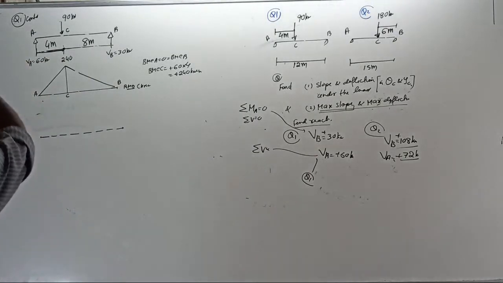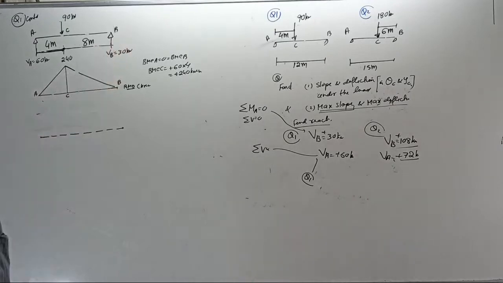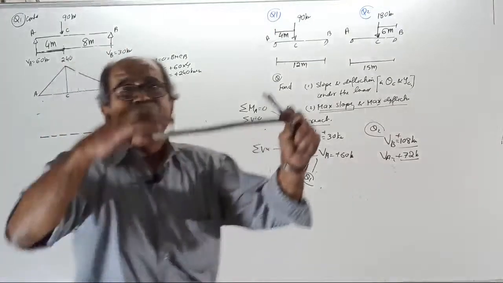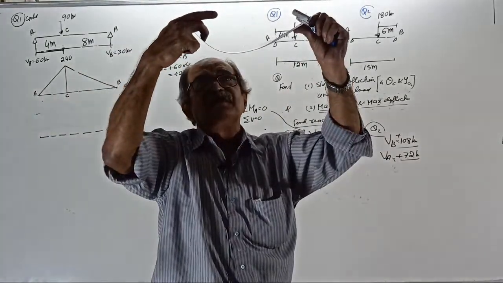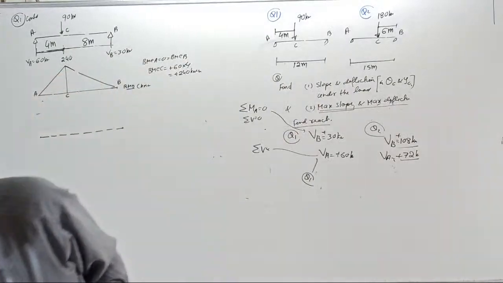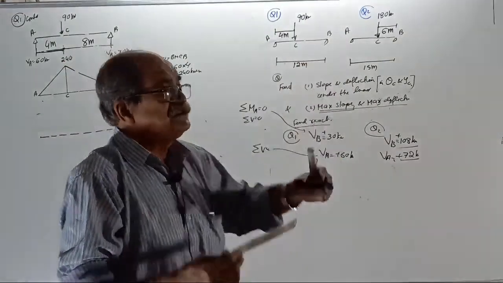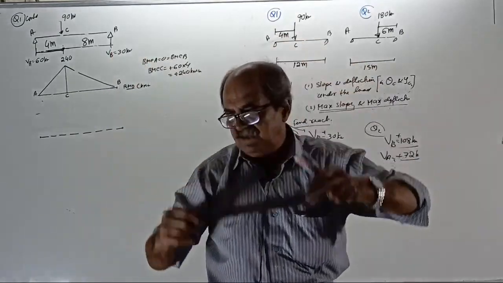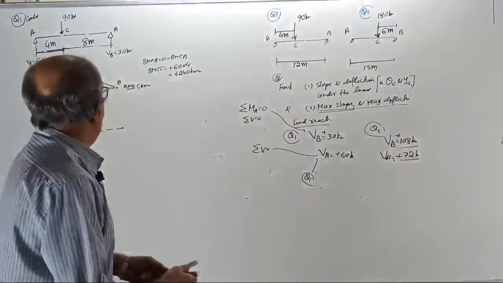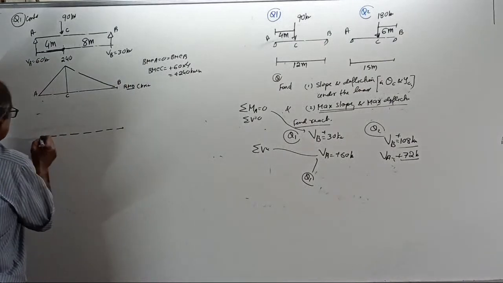See, the beam will bend smoothly like this. Wherever you apply the load, the bending will be like this, more bending to the right. Second question, when you apply load here, more deflection will come this side. Okay, now start. Draw elastic curve as smooth as possible.